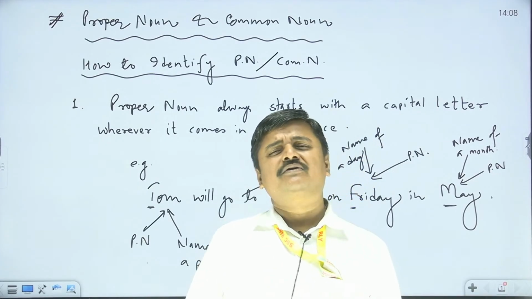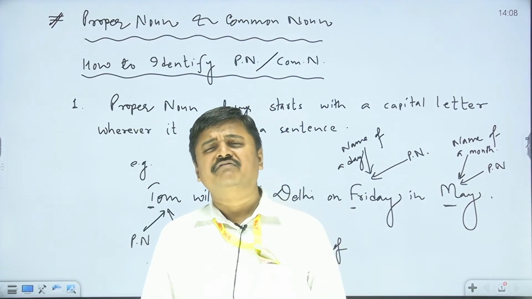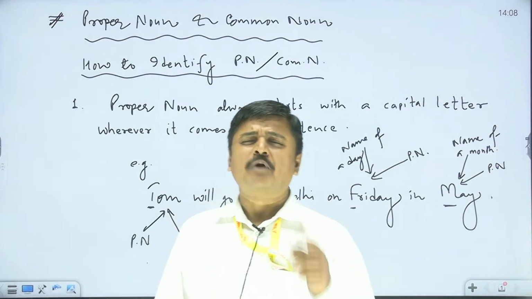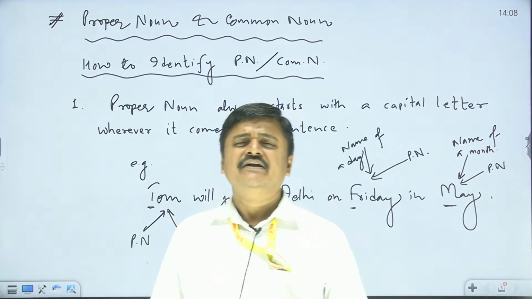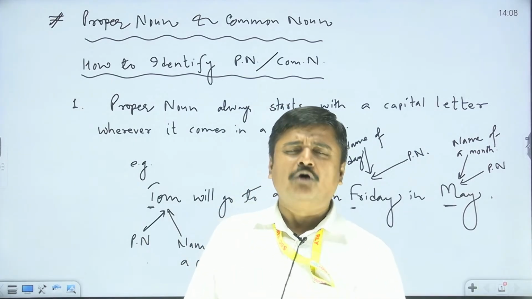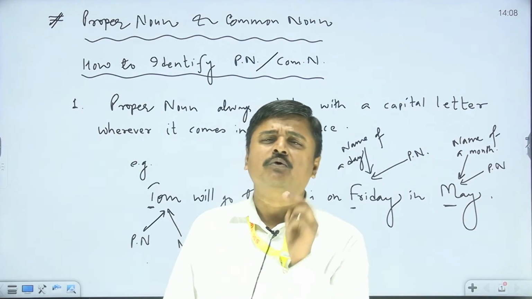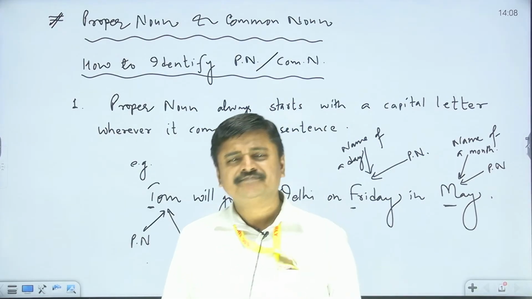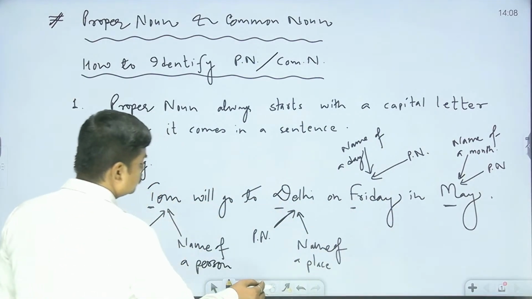Yes, a proper noun starts with a capital letter, but it doesn't mean that every word starting with a capital letter will be a proper noun all the time. If you think that, you are making a blunder. Now there are two rules you should have in your mind, otherwise you are going to make a blunder. Now what are those rules?